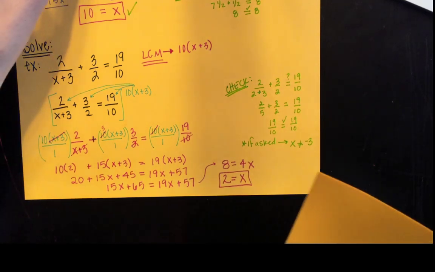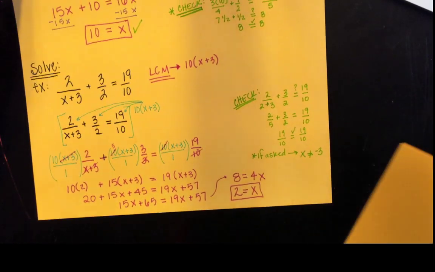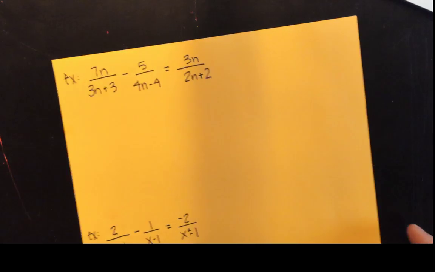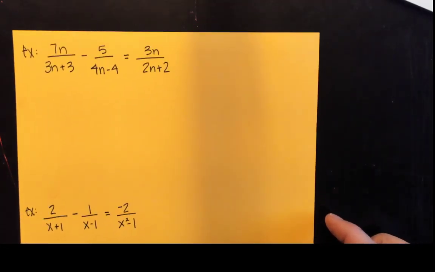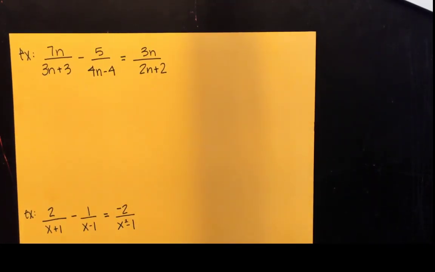Okay, so let's take a look at some of the stuff that we have prepared. I have a few examples here that I'd like for us to try, and I'll give you a second to copy that down.